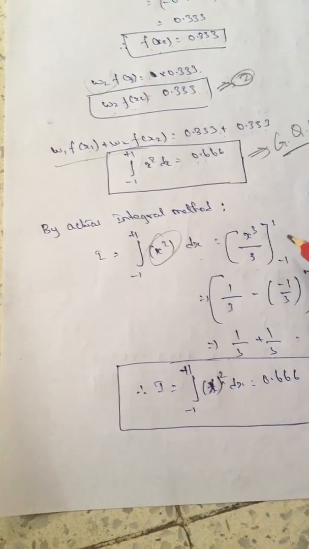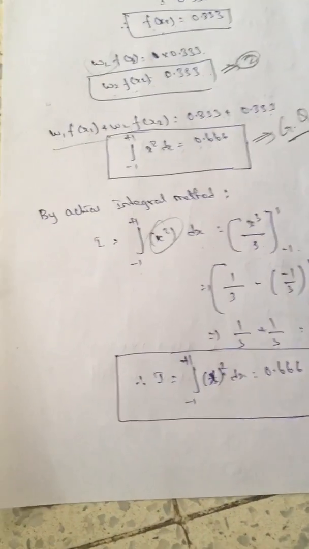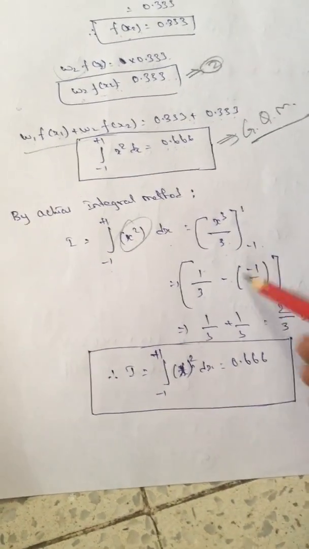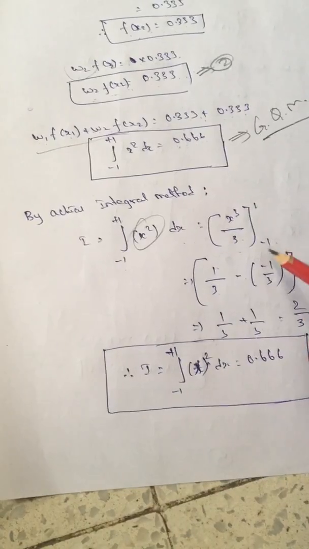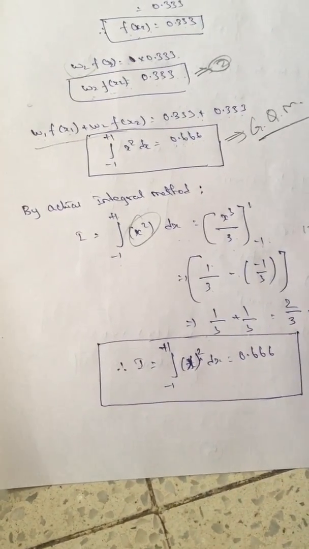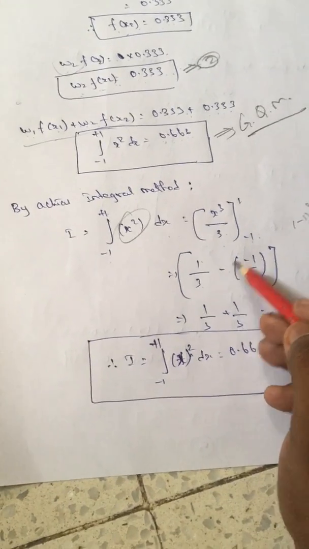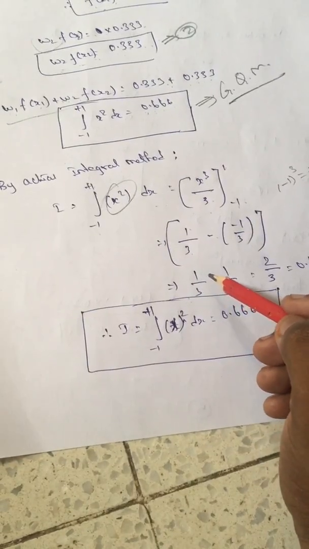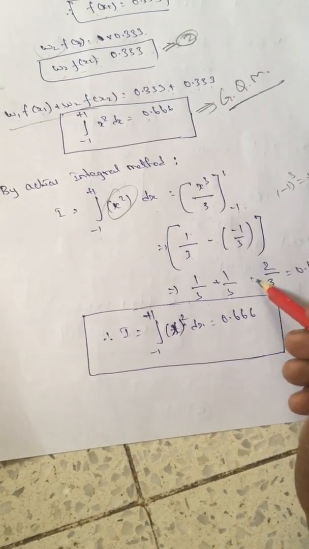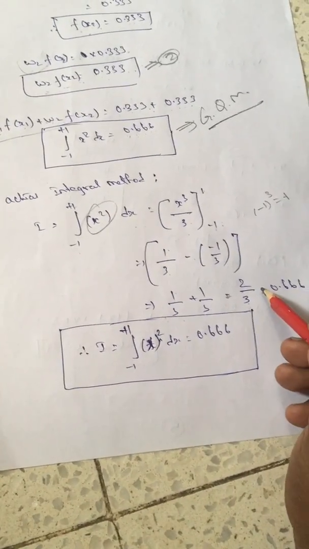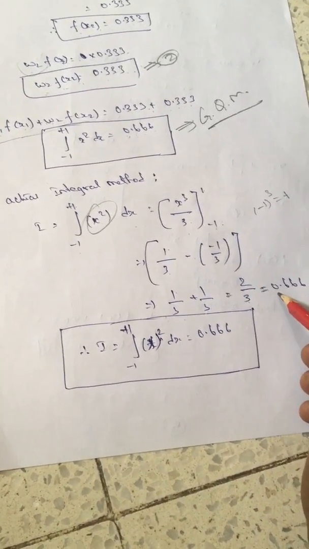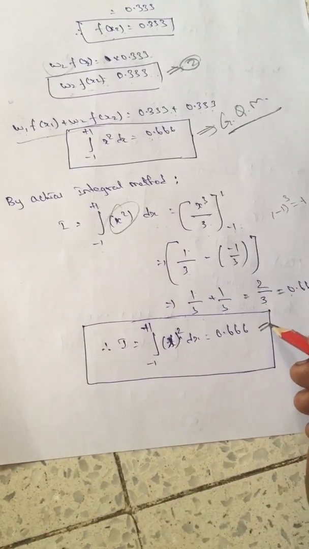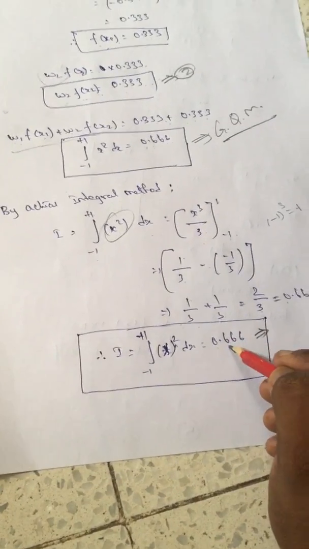Substituting upper limit minus lower limit: 1 divided by 3 minus minus 1 divided by 3, that is 1 by 3 plus 1 by 3, equal to 2 by 3. Dividing this, the value is 0.666. So by the actual integral method, I get 0.666.